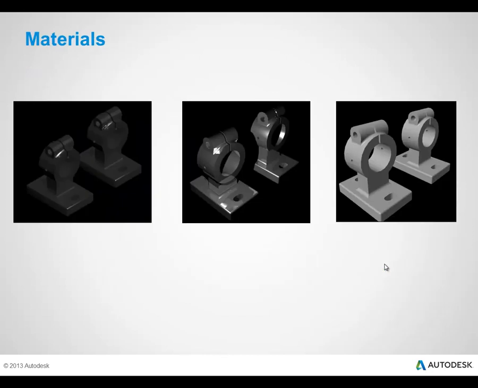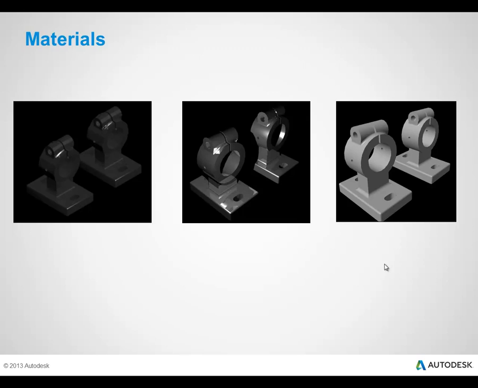Another thing to consider is materials. So this isn't a great illustration, but the point is that materials can be used differently in different products. So in 3ds Max and Maya, for example, the idea of materials is primarily for visualization aspects. So when you apply a wood grain to a table, it's mainly to show that table as a wood-grained object.